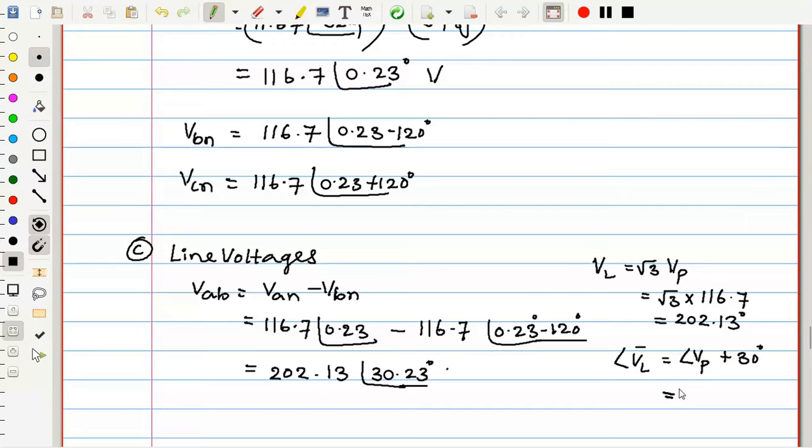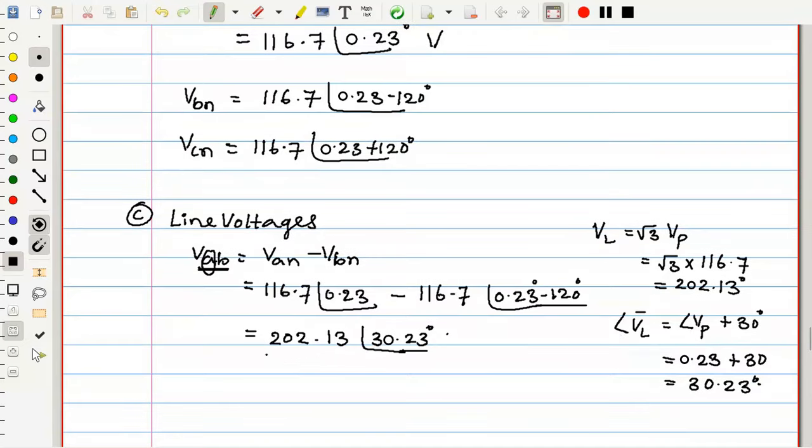If it is VAB, then the corresponding phase A is the reference, which is VAN. The angle is 0.23, plus 30 degrees, so this is 30.23. In this way you get the line voltage VAB with this magnitude and angle.